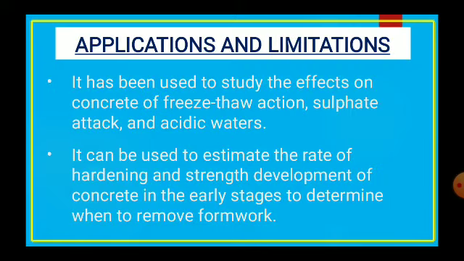And another, it has been used to study the effects on concrete of freeze-thaw action, sulfate attack, and acid waters. So, generally, yung damage degree ng isang concrete, super related siya dun sa pagbaba ng pulse velocity.